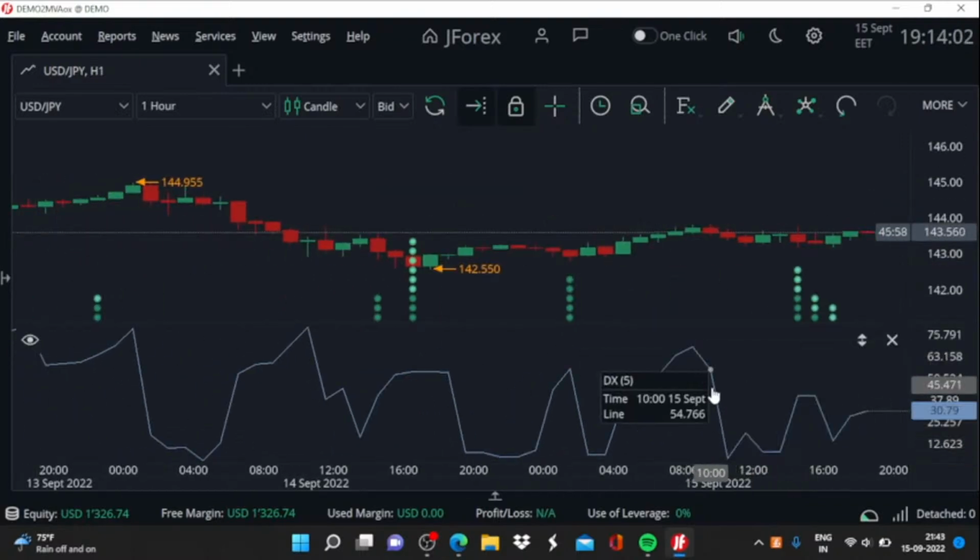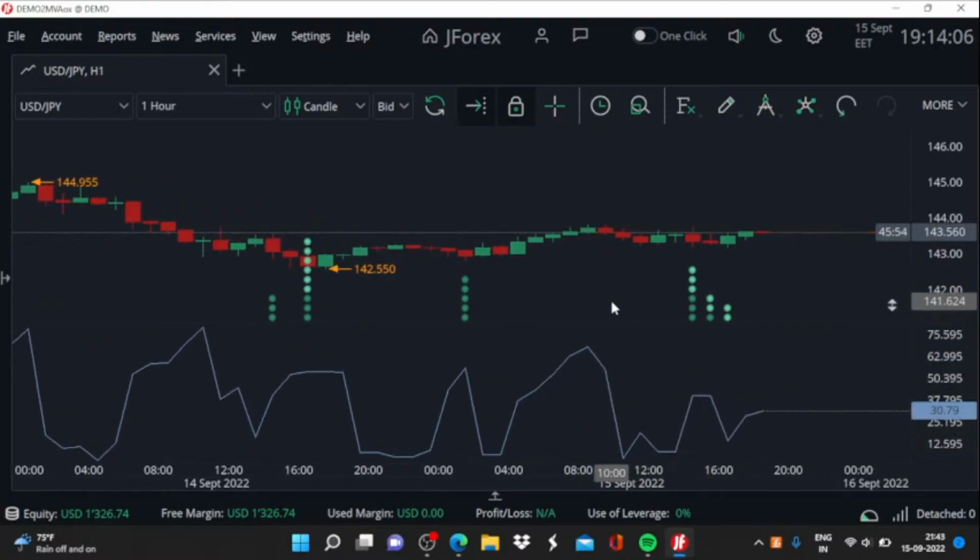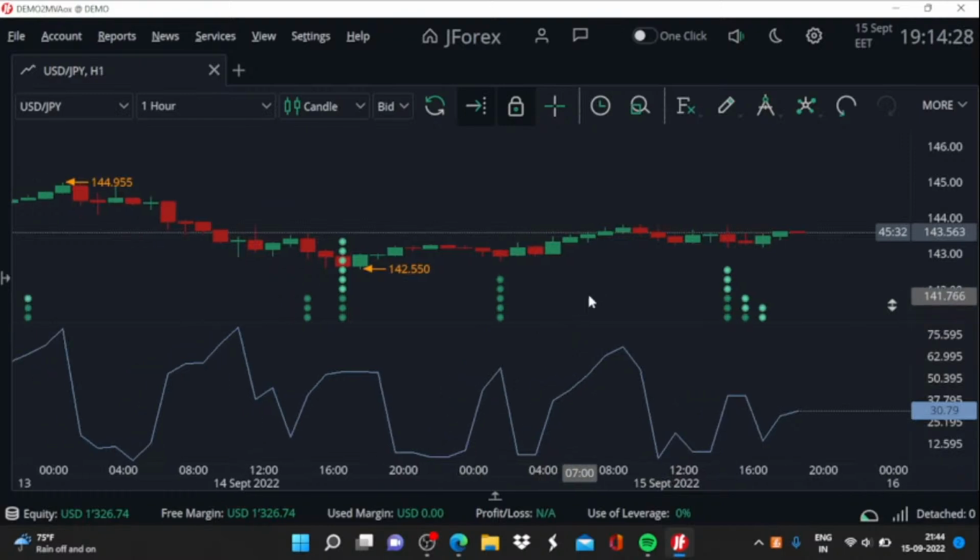But of course the reliability is likely to be a lot less, and we will see frequent changes happening in this directional movement output value. So the dx value will continue to move sharply. Sometimes it will appear above 50, and in the next couple of hours it will drop below 50 again, and that cycle is likely to continue.